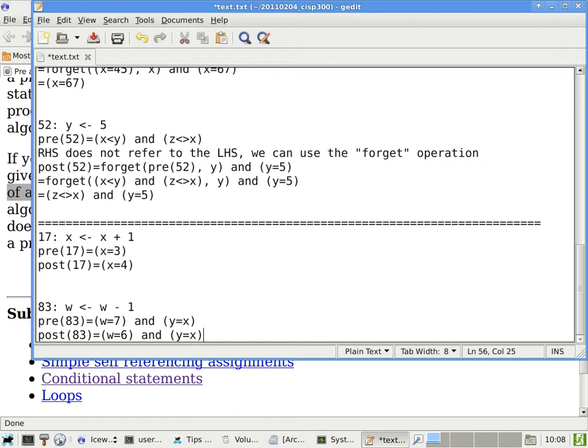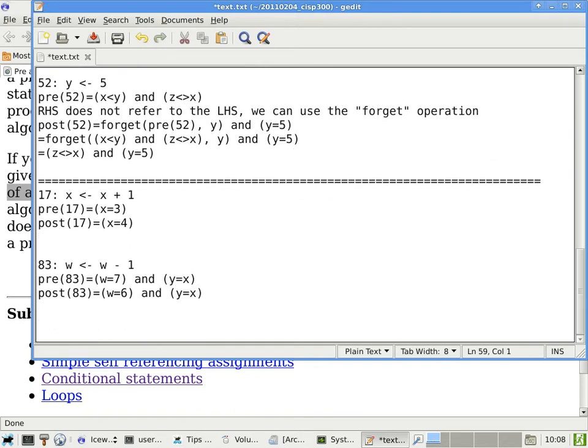Are we doing okay so far with this? Okay. So now let's move ahead. The line 52 one? Yeah. No, it's different because now W is being affected, whereas in the case before, the right-hand side does not refer to the left-hand side, but in this case, it does refer to the left-hand side.